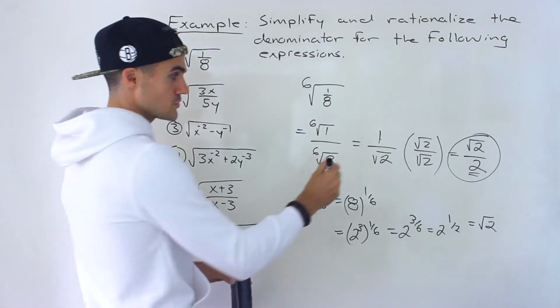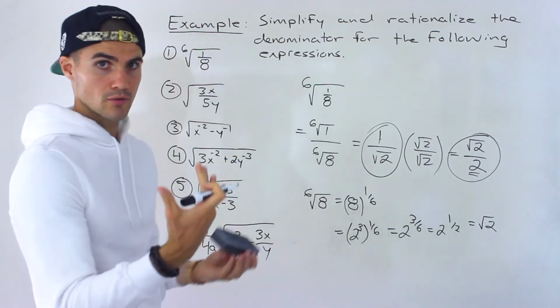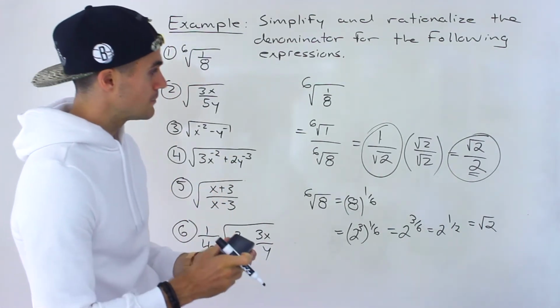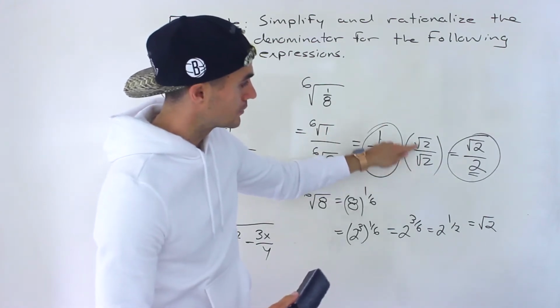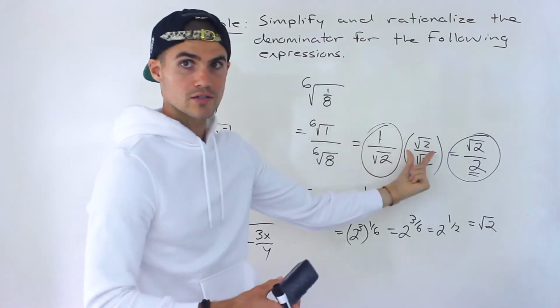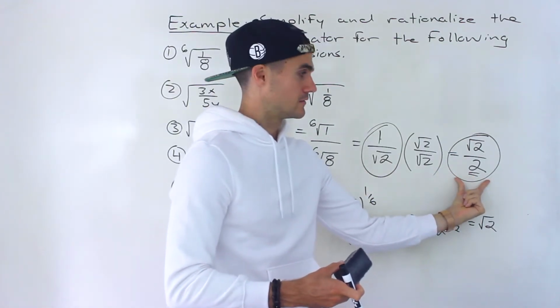Root 2 over 2 is the exact same thing as 1 over root 2 if you plug both of those into your calculator. It makes sense because all we did was take this and multiply it by 1. Notice root 2 over root 2, that's just 1. Anything multiplied by 1 is just the exact same thing.